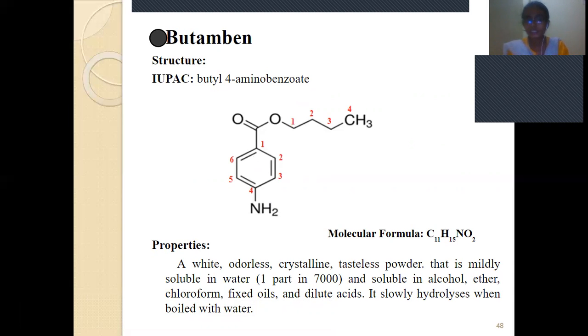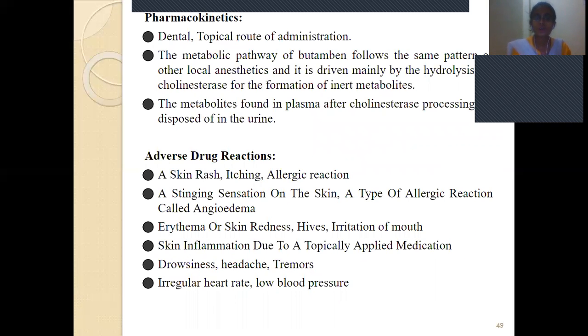It is white, odorless, crystalline, and does not have any taste, and it is mildly soluble in water, and soluble in alcohol, ether, chloroform, and fixed oils, and it slowly hydrolyzes when boiled with water. So pharmacokinetics: it is a dental and topical route of administration.